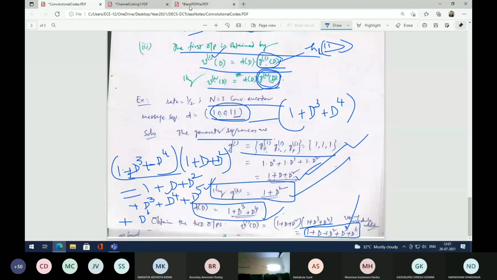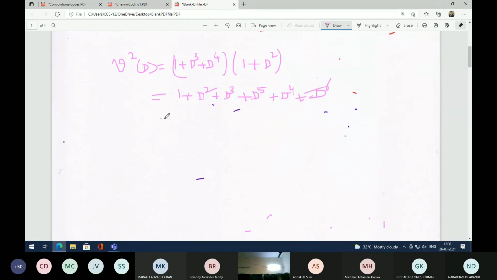Similarly, you can write the second one. Now let us see. If I rewrite in a sequential manner, I'll get these. Likewise, you can find the outputs here.